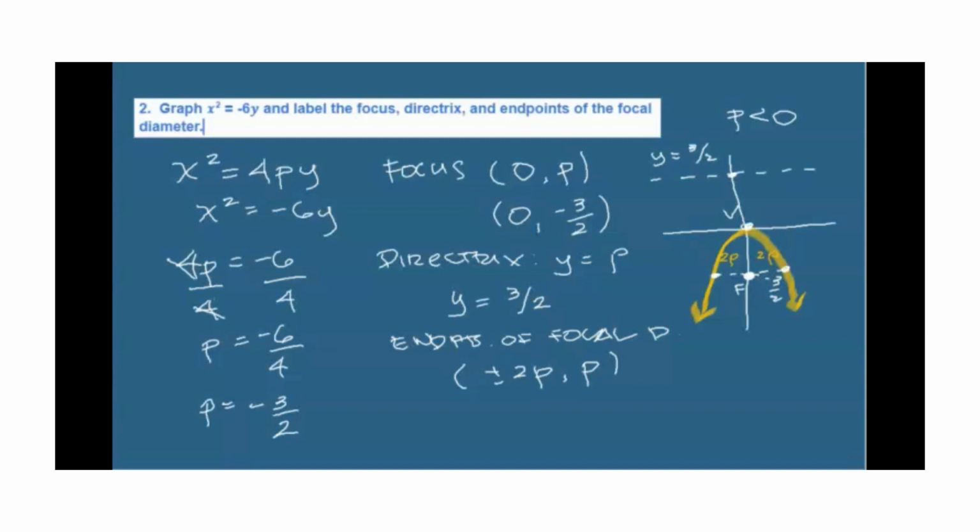Let's substitute our p, which is negative 3/2, so we got our 2p is equal to 3. So cancel here, so you have 3. And therefore, these are the endpoints of the focal diameter, also known as our latus rectum.